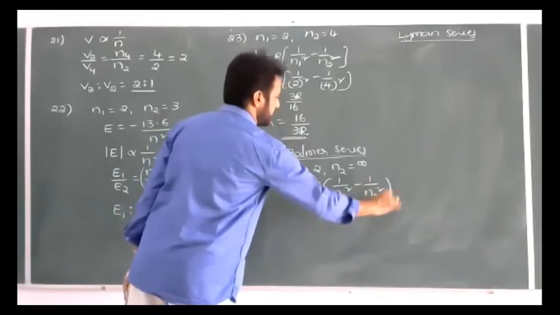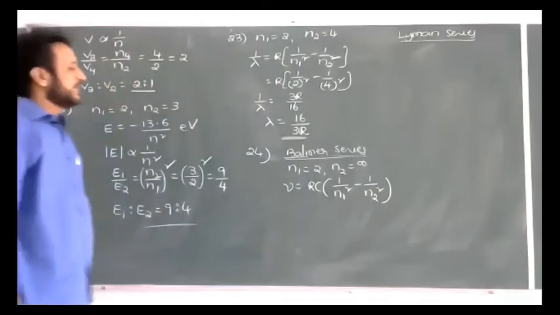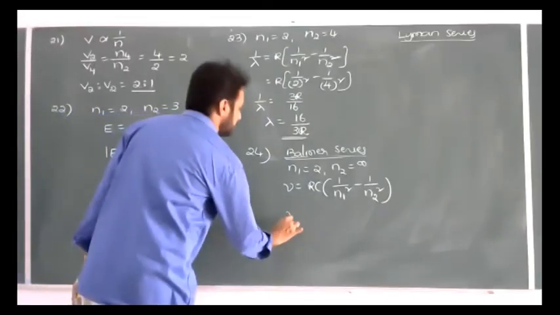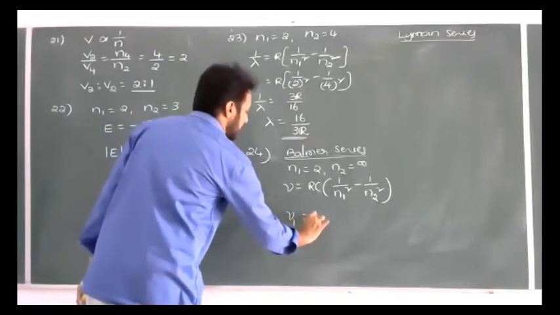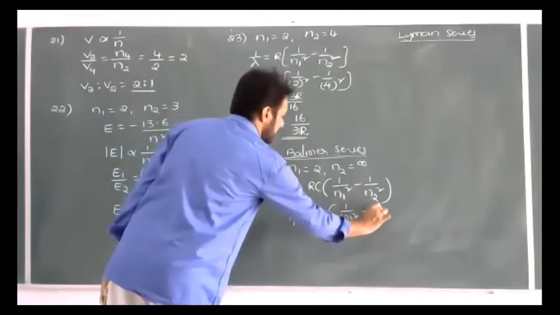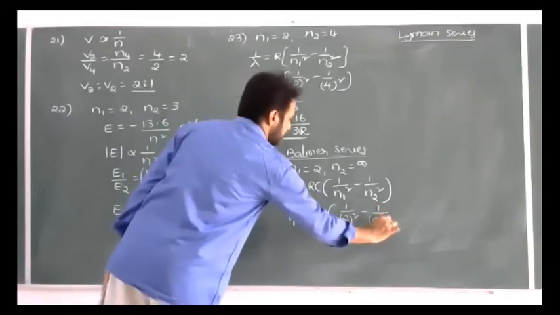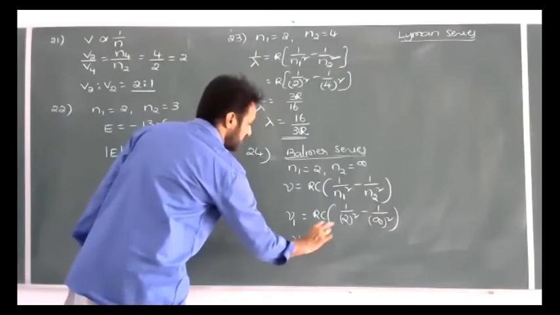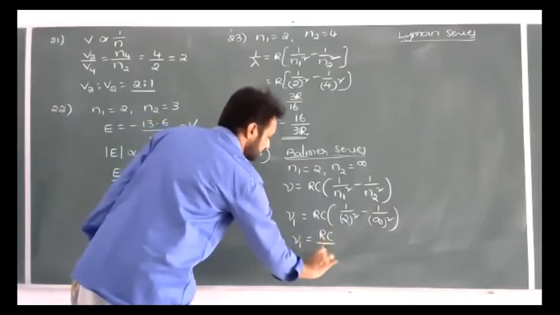You should write the general formula. In n1 place write 2. Nu 1 is equal to RC into 1 by 2 square minus 1 by infinity square. Something by infinity is equal to 0. Therefore, nu 1 is equal to RC by 4. Equation 1.